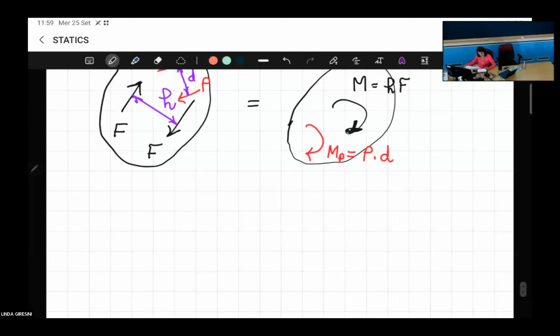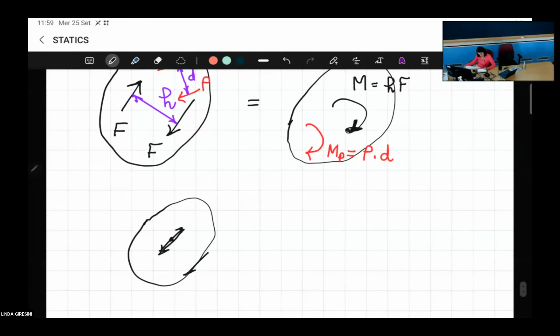Because in this case, for example, you have this body, you are saying that your forces are, one is this one in the center, and the other one is this one. Yes, it's the same. I mean, the forces can be applied in all the points.